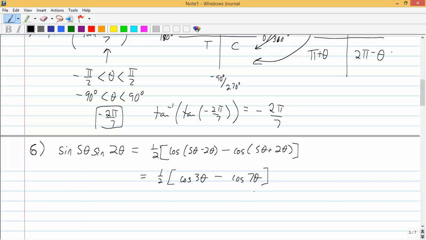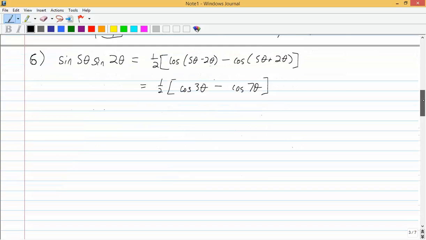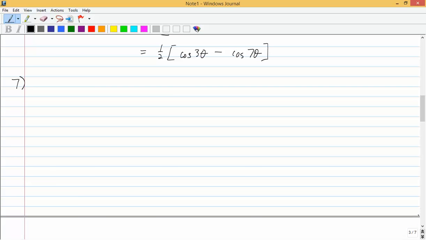Let's see. Number 7, find the area of the triangle.